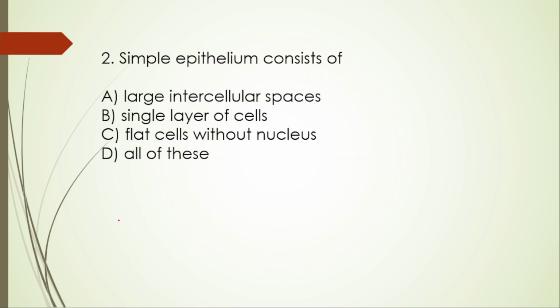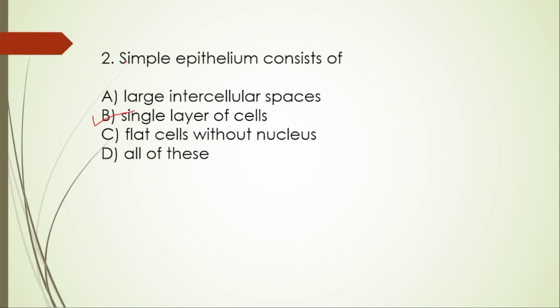So next comes the question number 2. Simple epithelium consists of: A, large intercellular space, B, single layer of cells, C, flat cells without nucleus, and then D, all of these. Here simple epithelial tissue, you people already know, is a single layer of cells which are going to be the outside covering cells, you can say.